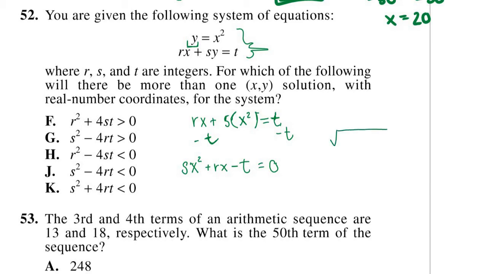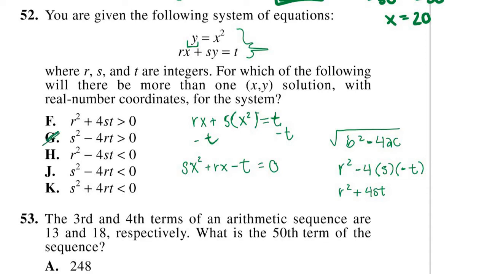So we know that b squared minus 4ac is going to tell us how many solutions we're going to have for the system. So we know that our value for b is r, so r squared minus 4 times a, which is s, times c, which is negative t. Let's simplify that to r squared plus 4st.